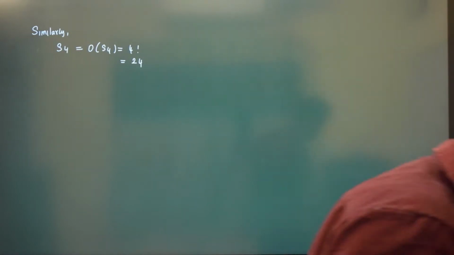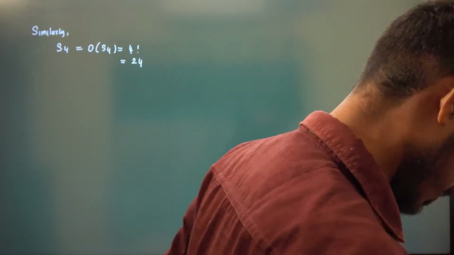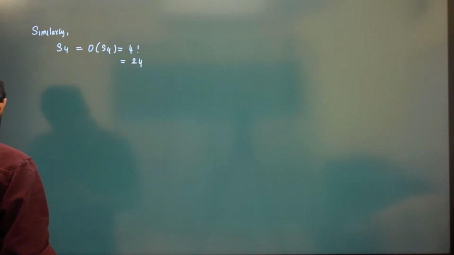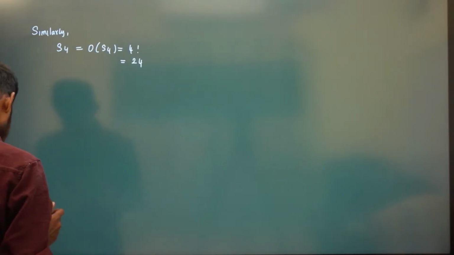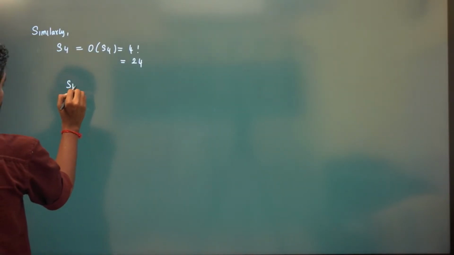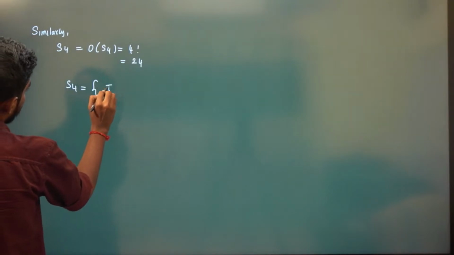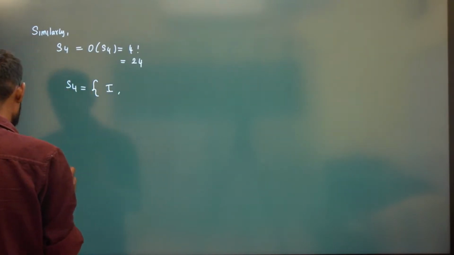So I write down the 24 elements of S4. So you will have the identity permutation.